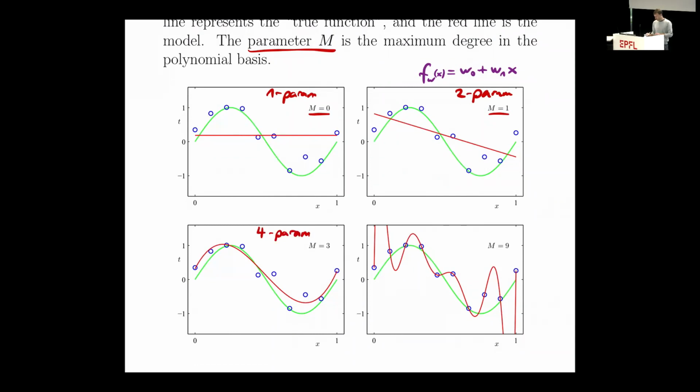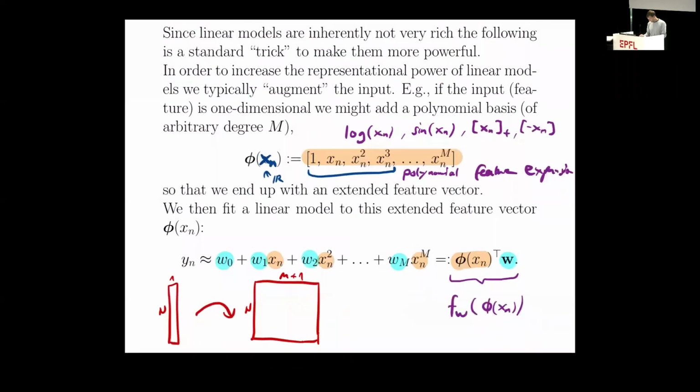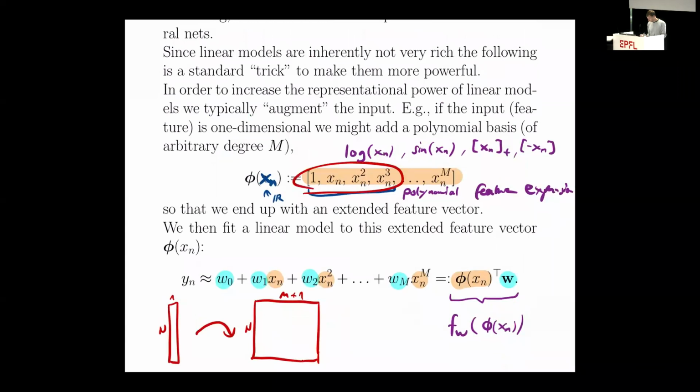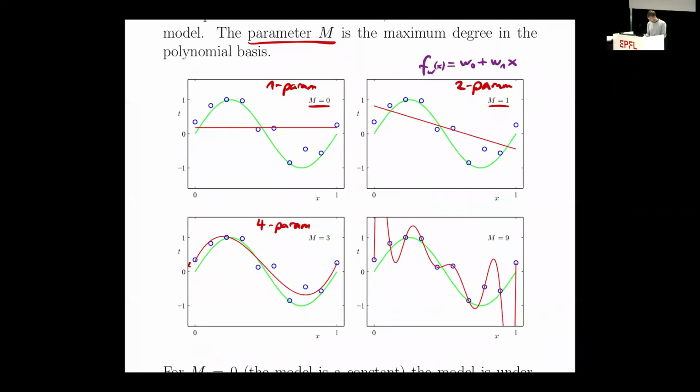For every data point, you use these 4 numbers: 1, the original value, then the value squared, and the value cubed. So that's the 4 parameter model, and that's how it looks. By the way, this is all in the Python of your lab this week. You can play around with this yourself.